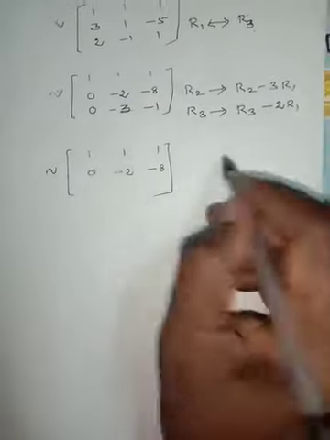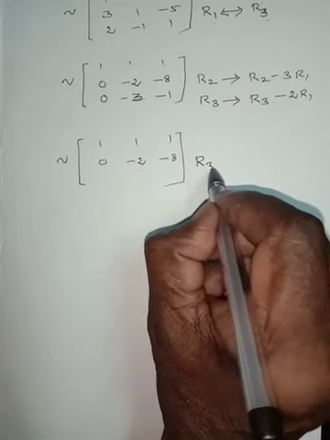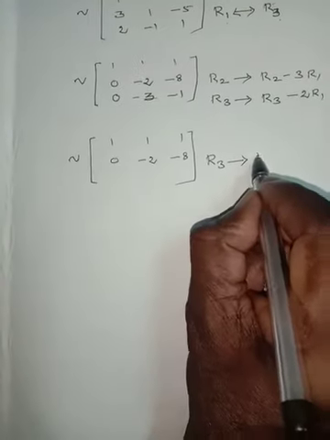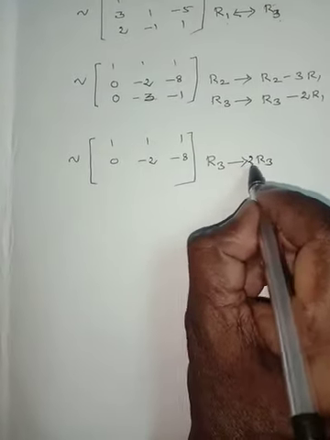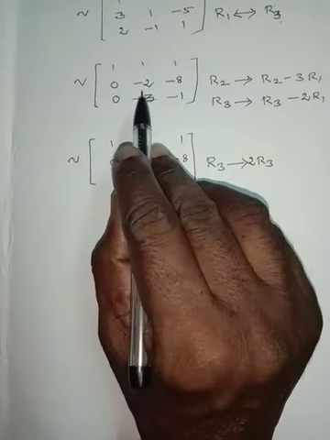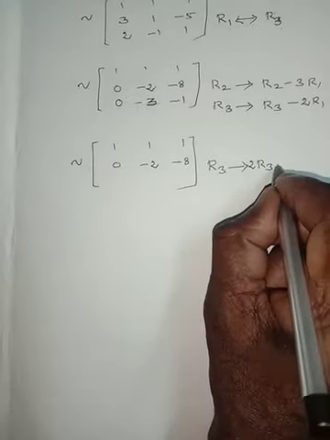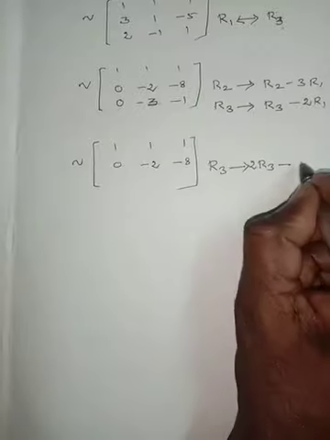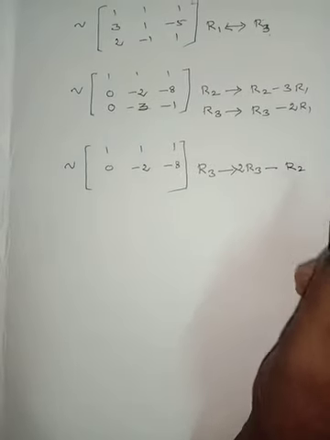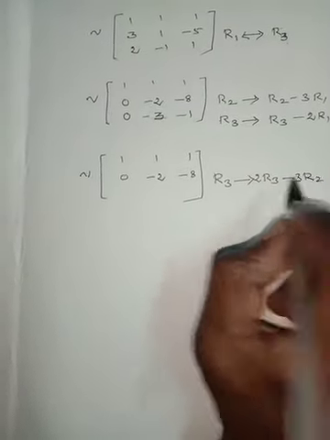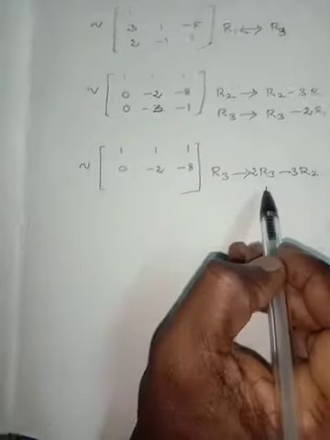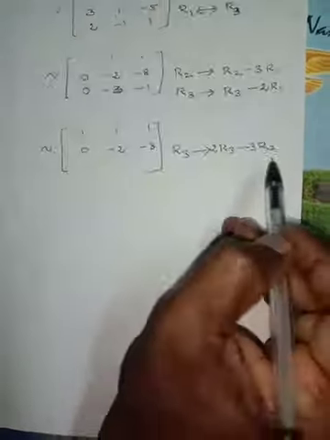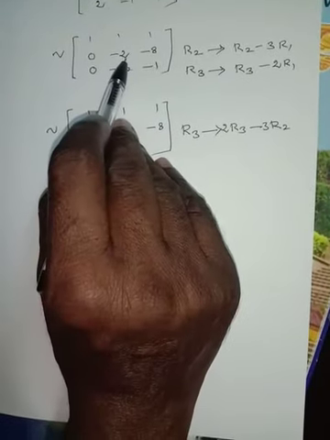So the rule is new R3 implies old R3 multiplied by 2 minus old R2 multiplied by 3. Third row multiplied by 2, here minus 6. Second row multiplied by 3, here minus 6.